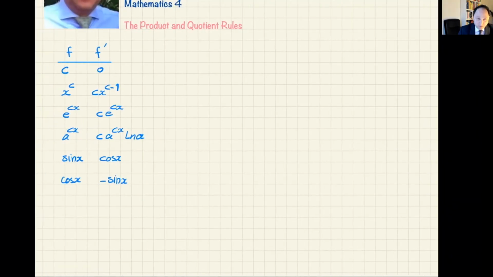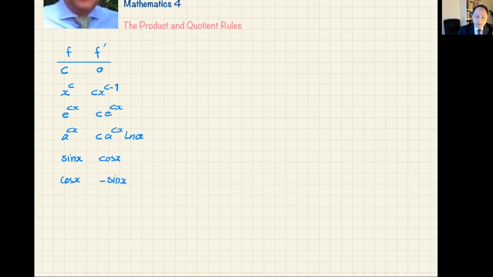By the way, do you realize what is missing in this table? Tangent of x. Yeah, exactly. That is what I remembered I had to say. So let me put an empty space there. Then I have ln of x, whose derivative is 1 over x. We learned that one as well.